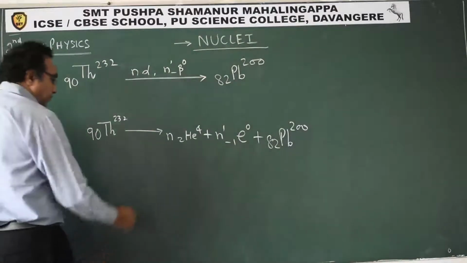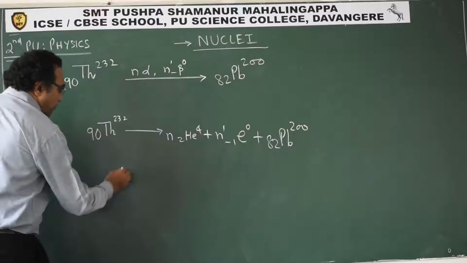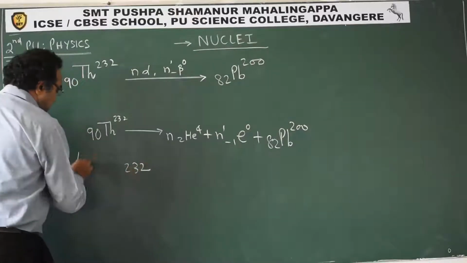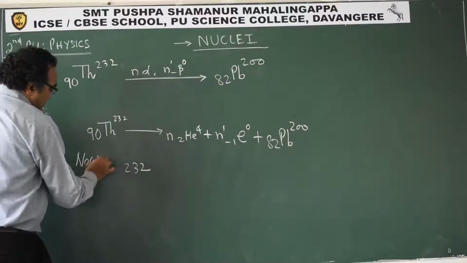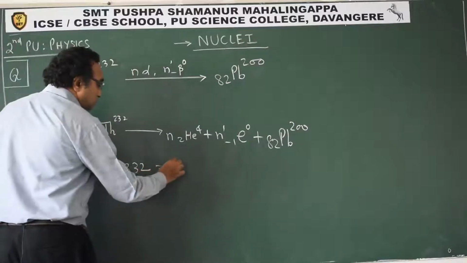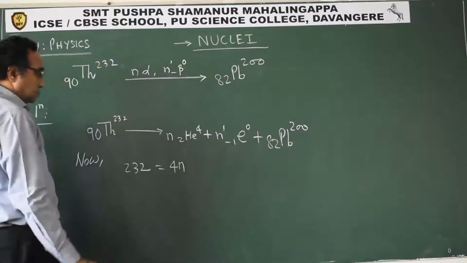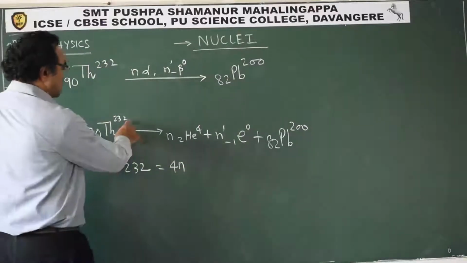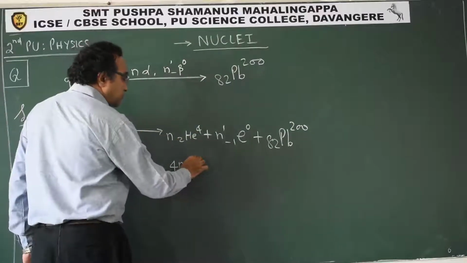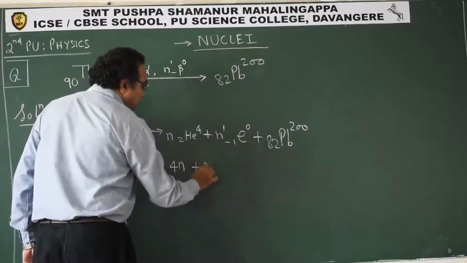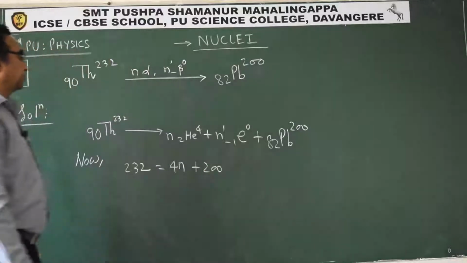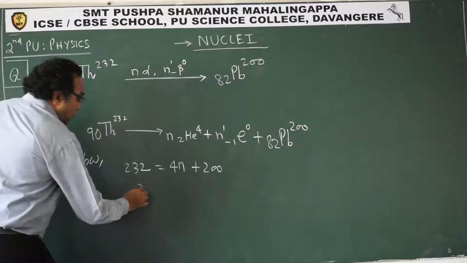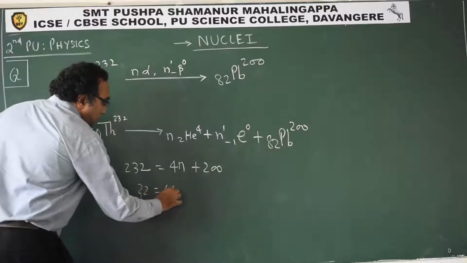Now, what we can say, superscripts: 232 is equal to 4n plus 0 plus 200. So 32 is equal to 4n.